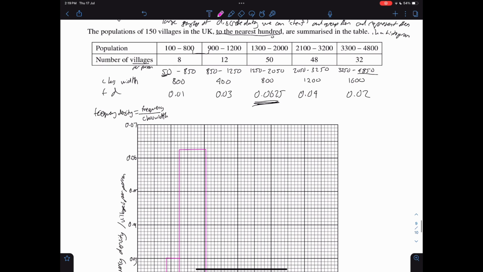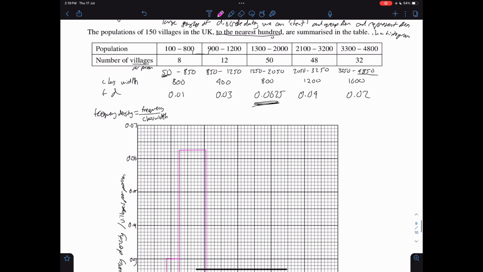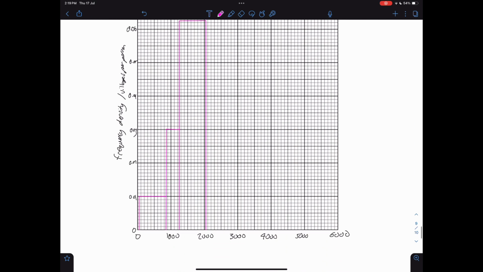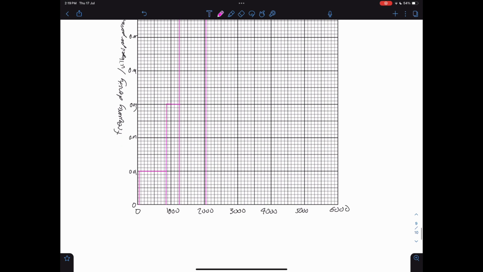Then 2050 to 3250 at 0.04. And then we'll just draw across.